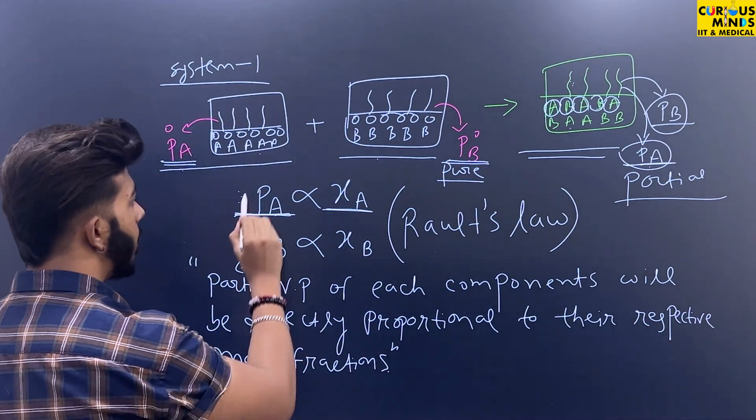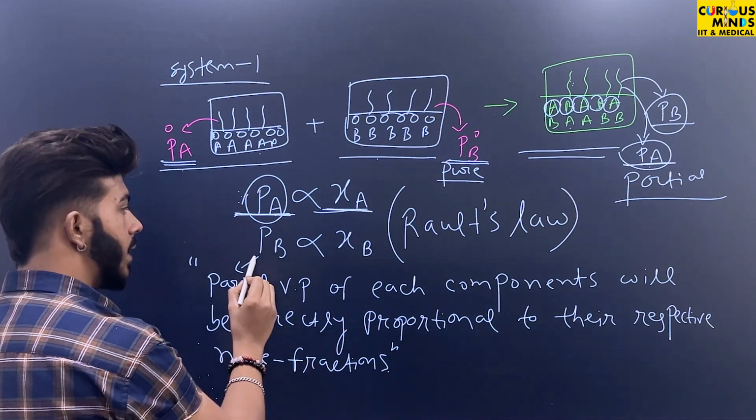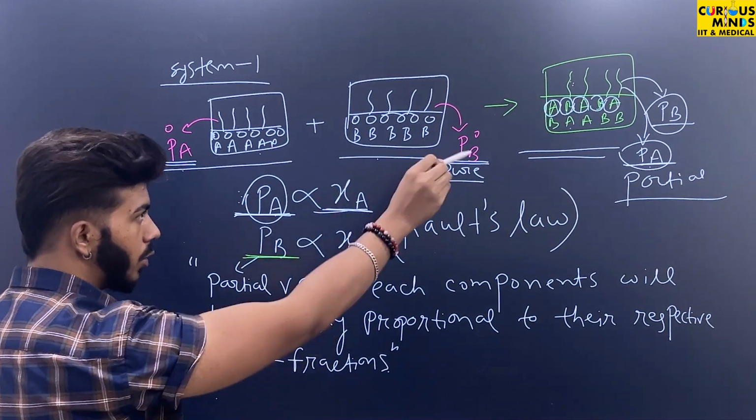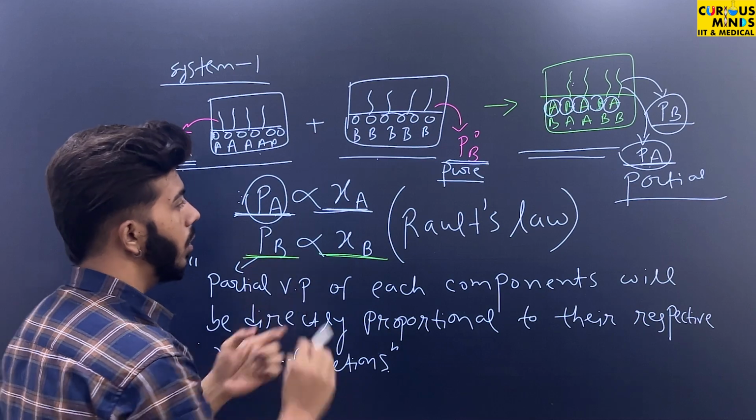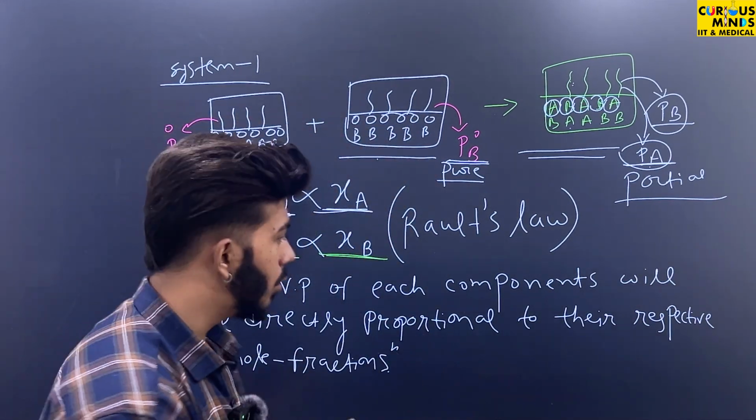That means partial vapor pressure of A will be directly proportional to the mole fraction of A. Same, partial vapor pressure of B in the solution will be directly proportional to mole fraction of B. This is called Raoult's law. So what is Raoult's law?